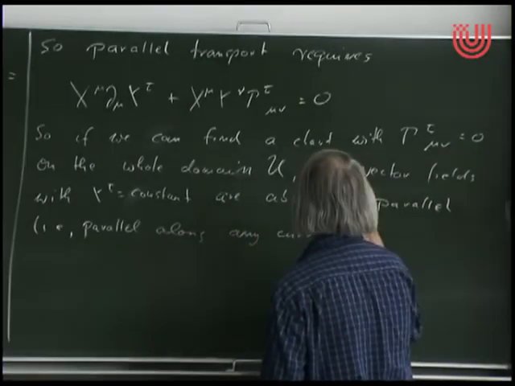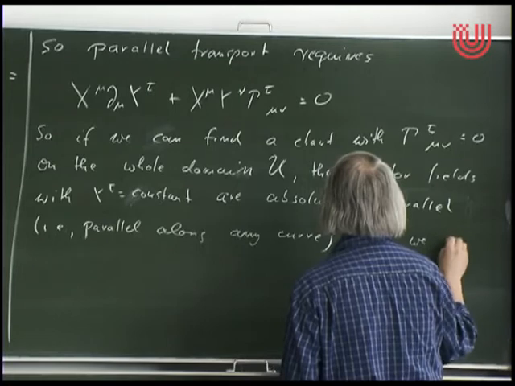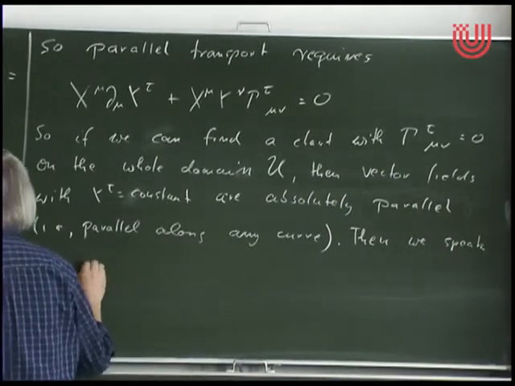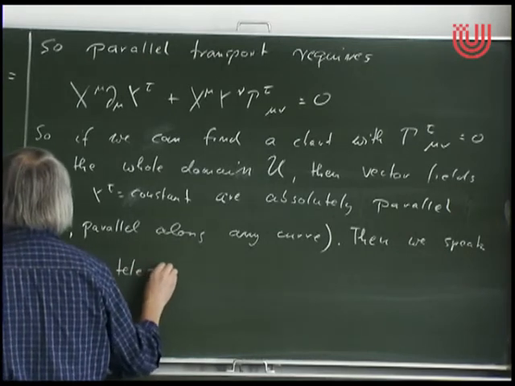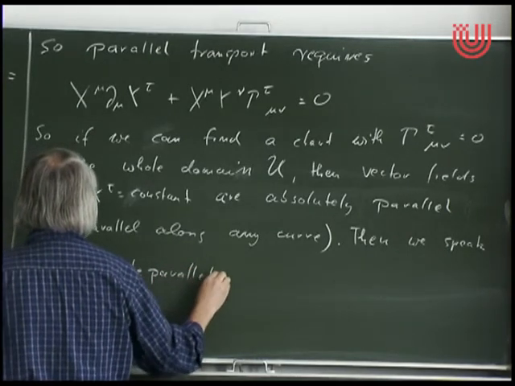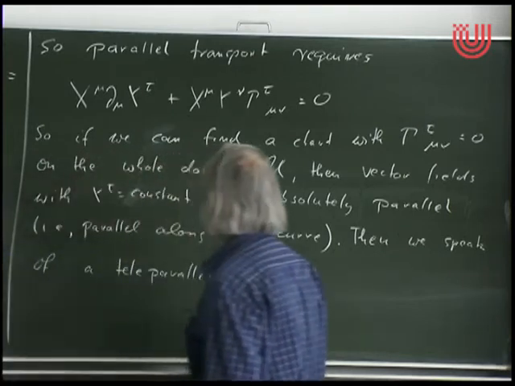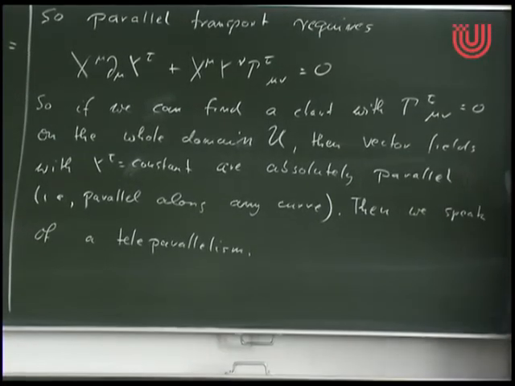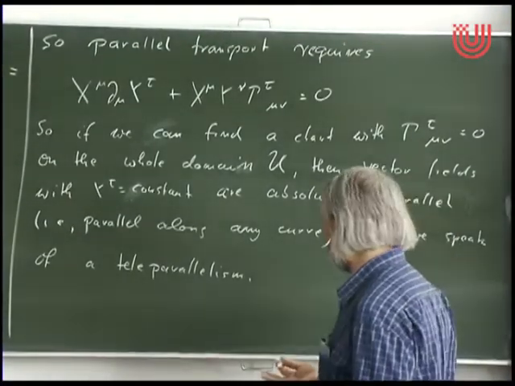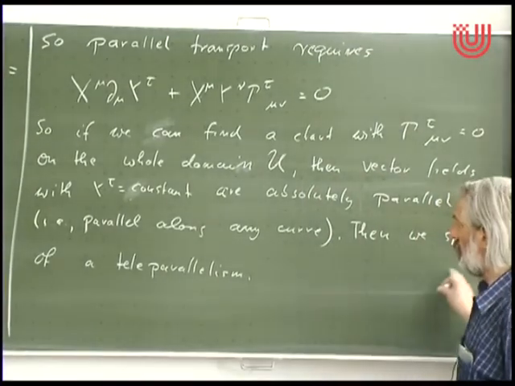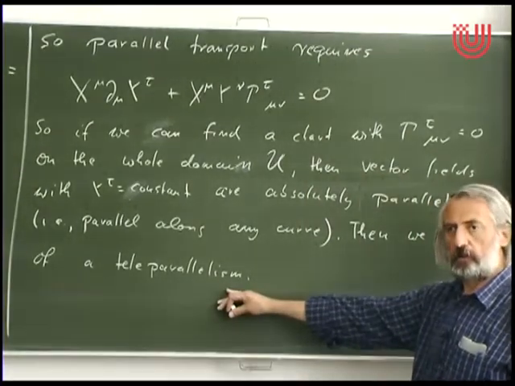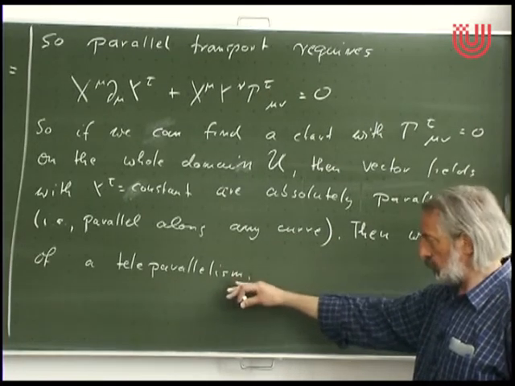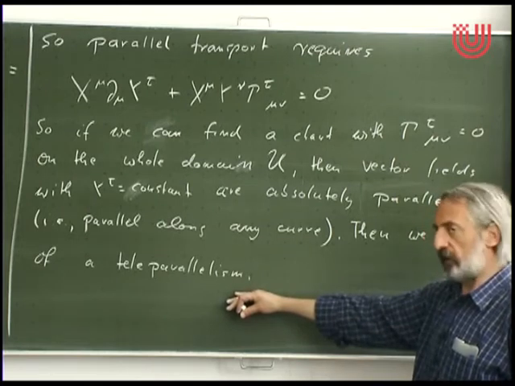So then we speak of a teleparallelism. So we can say the condition of the gammas being 0, or the possibility to make the gammas equal to 0, is a criterion for having a teleparallelism, for having parallelity without referring to particular paths. So the process of parallel transport is path independent.